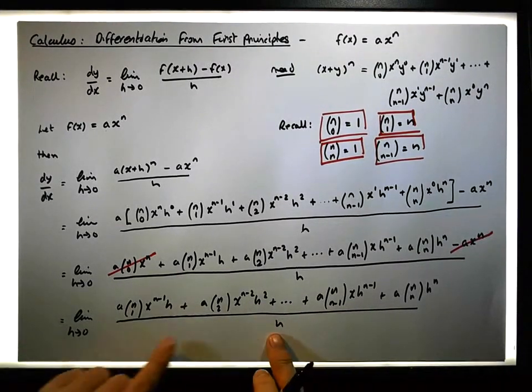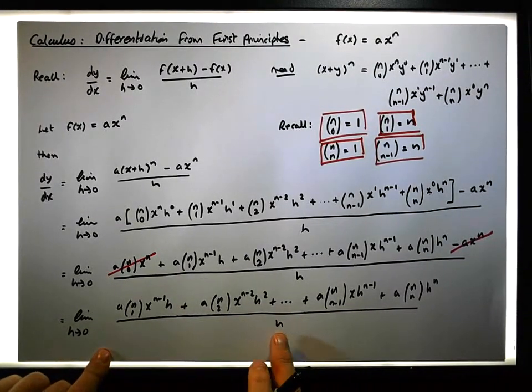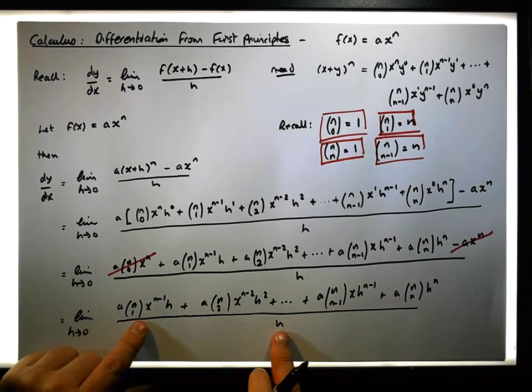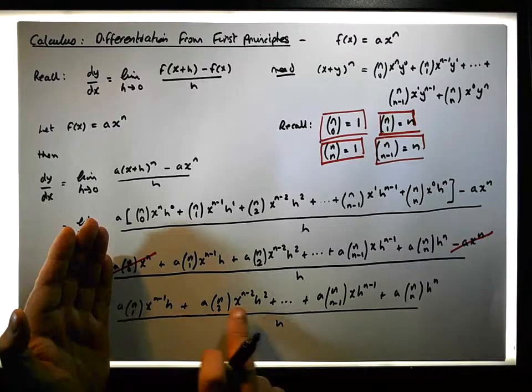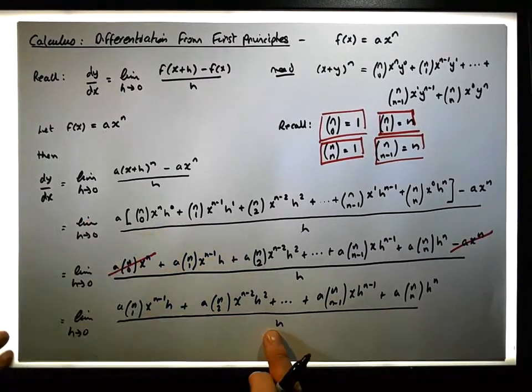But what we have here is a common denominator across all of these summations. So we can actually break this up into a summation of terms with each term divided by h.